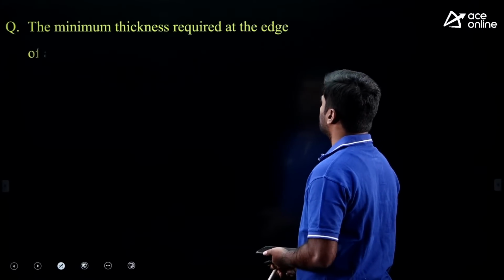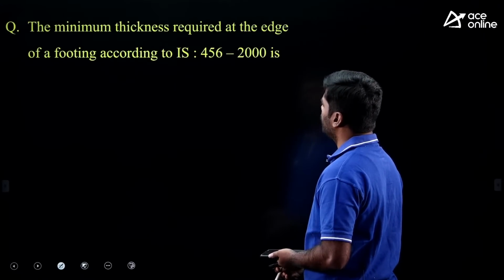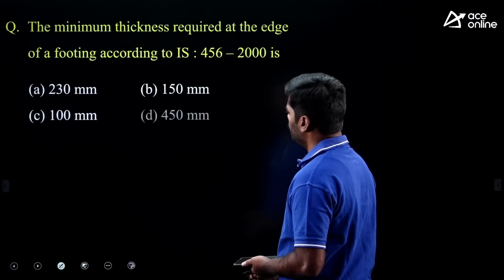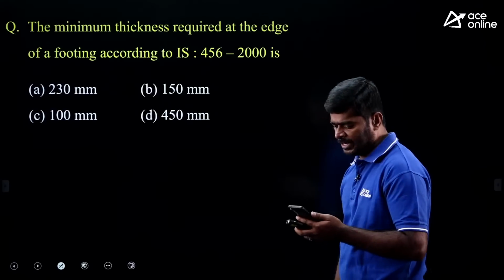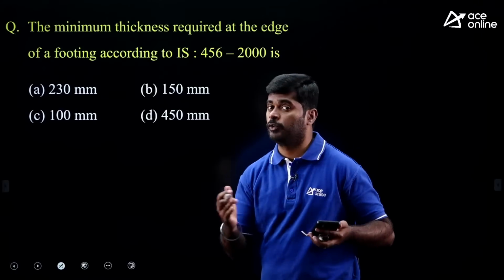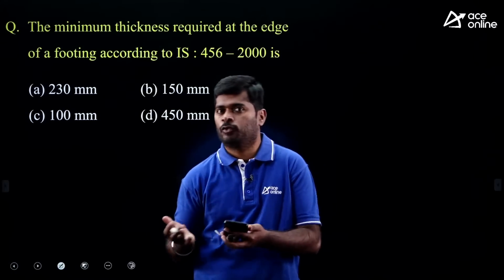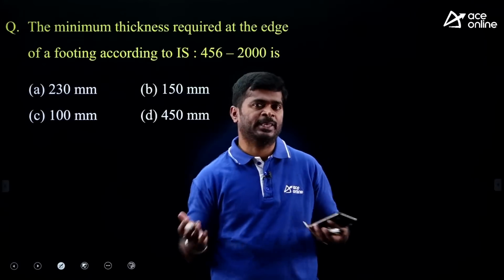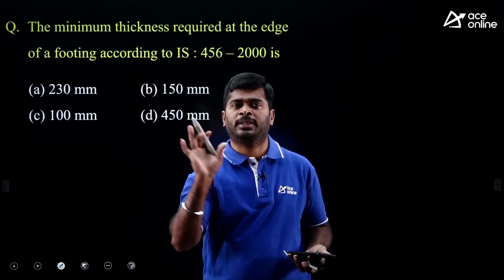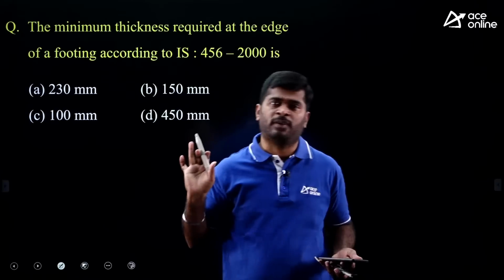Then move to next question. The minimum thickness required at the edge of a footing according to IS 456-2000 is, minimum edge thickness will be, my dear, they have not mentioned here whether footing is resting on soil or footing is resting on piles. If nothing is mentioned, you know the values, my dear, 150 mm and 300 mm. Let us select the least value here.